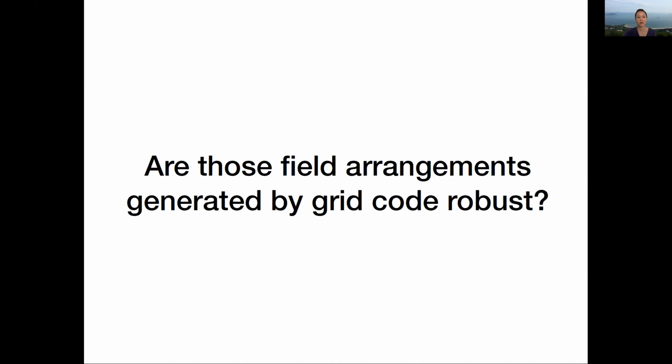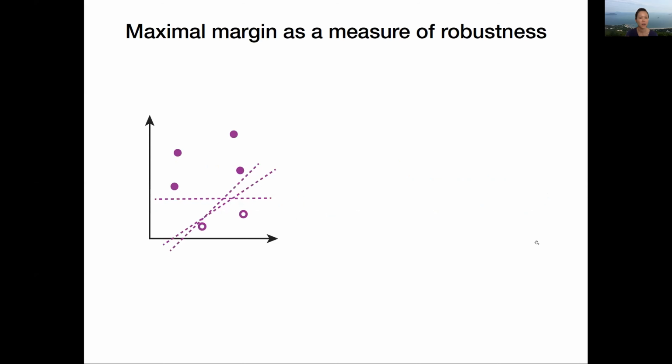Okay, and an interesting question related to the grid cell input is, are those realizable field arrangements generated by grid code robust? And we go back to the idea of linear separability. We have 2 classes of patterns here, and many hyperplanes can separate the 2 classes.